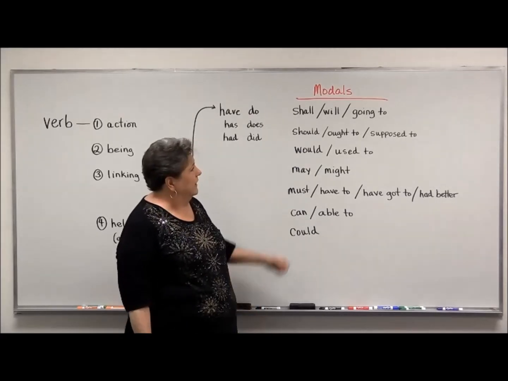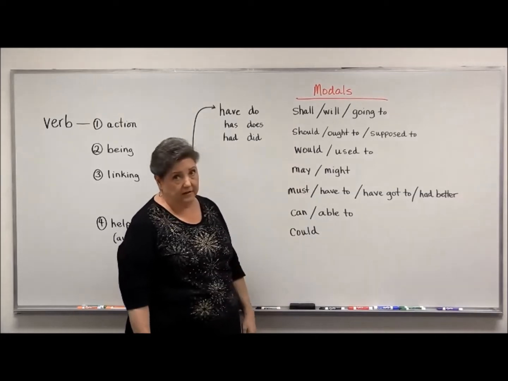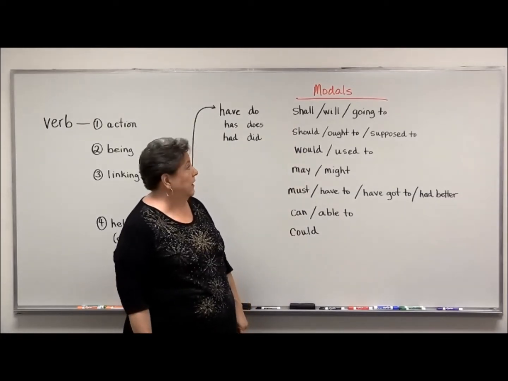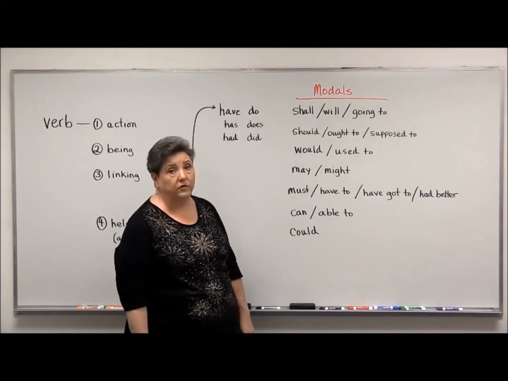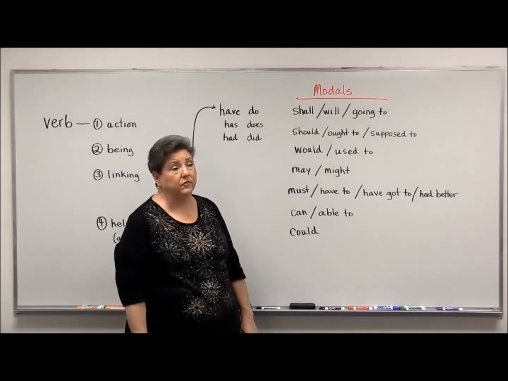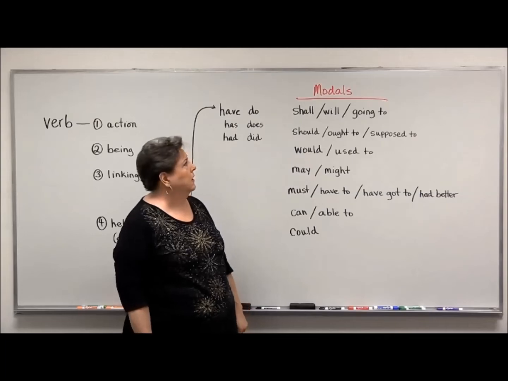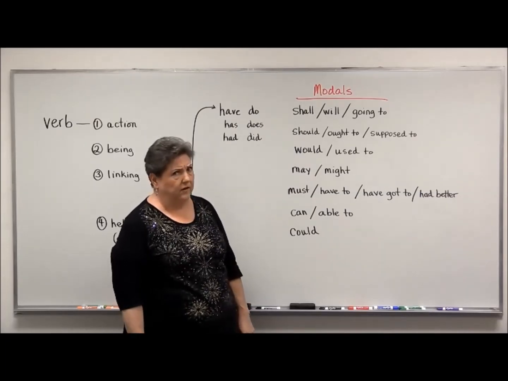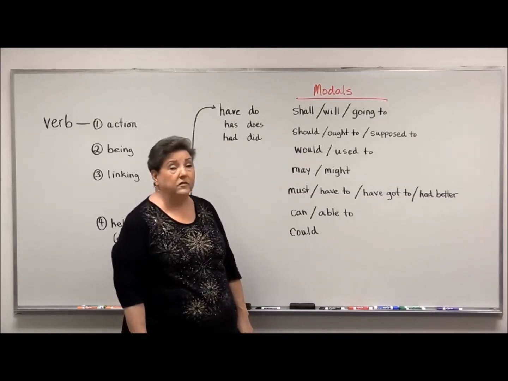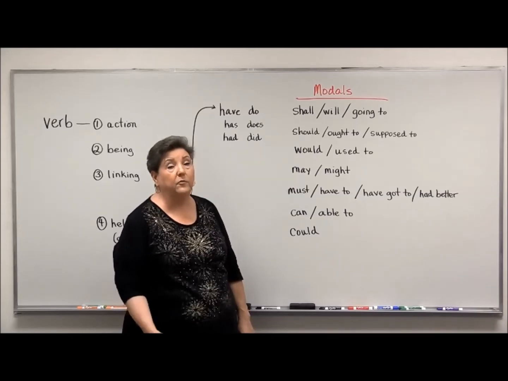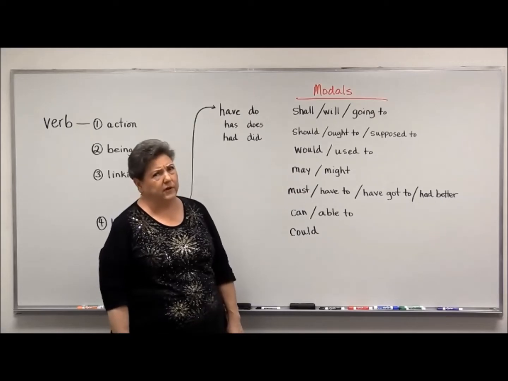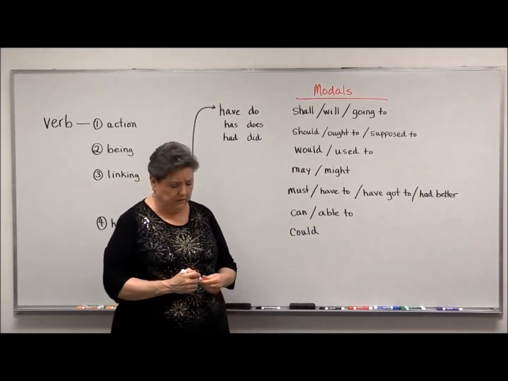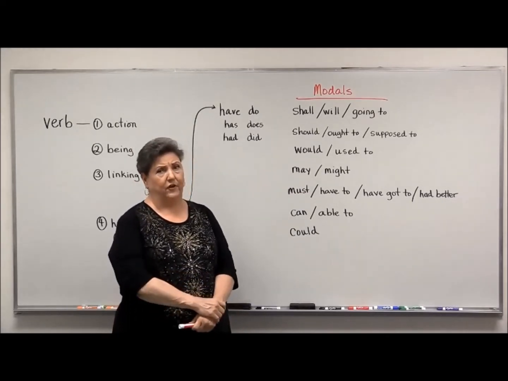Why do you think I put them together like this? Well, if you've learned some English, you know shall and will and going to are used for future, but for other things too. So do they have time? Well, we use them for other reasons. We have other meanings for them. Like shall is very, very British, and you won't hear Americans or Westerners saying shall very much.